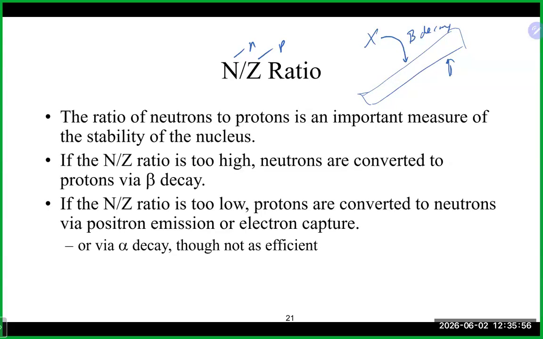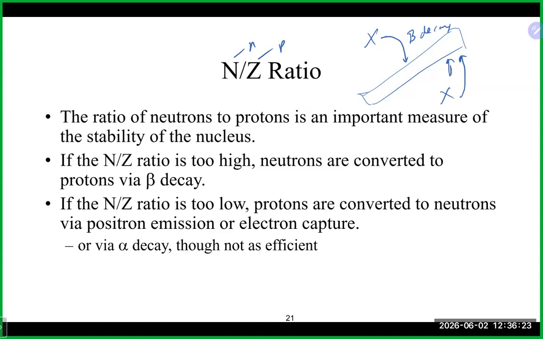Will it perfectly get stable after one decay process? Not necessarily, probably not, but it should move the ratio closer to the valley of stability. If your ratio is too low, we need to convert some protons to neutrons, and that will bring our ratio back up towards the valley of stability.